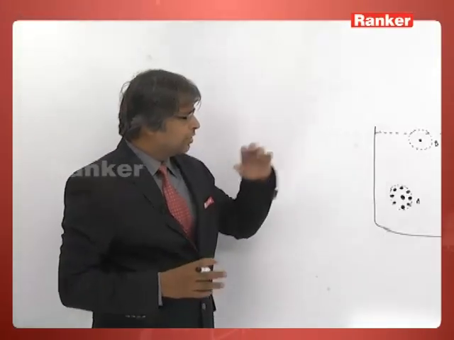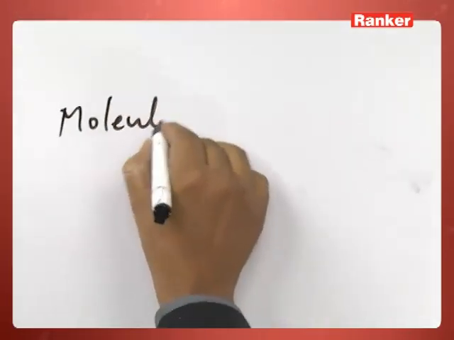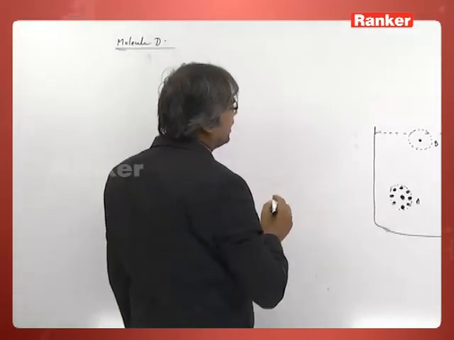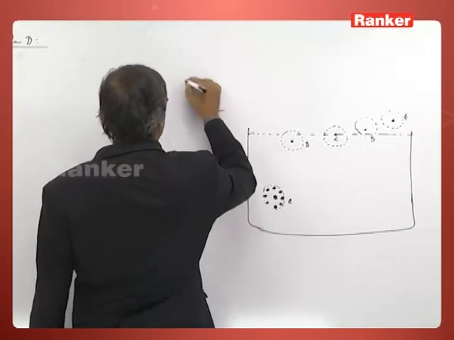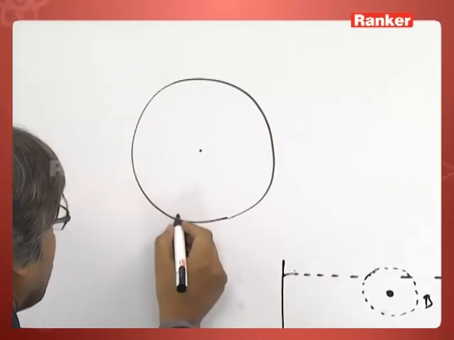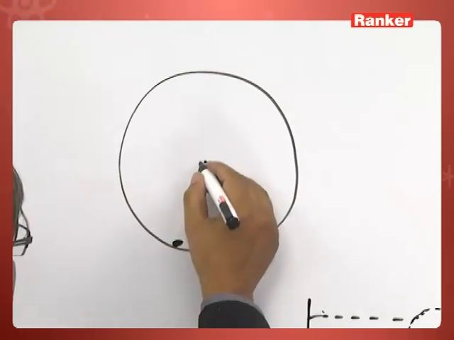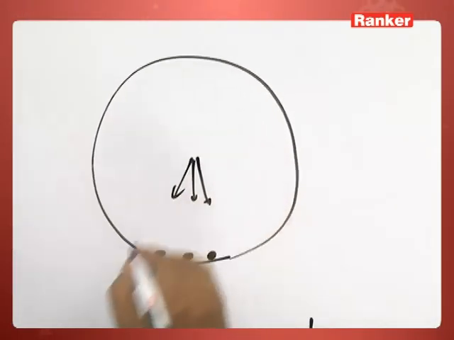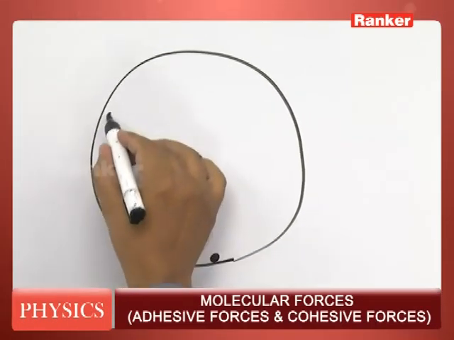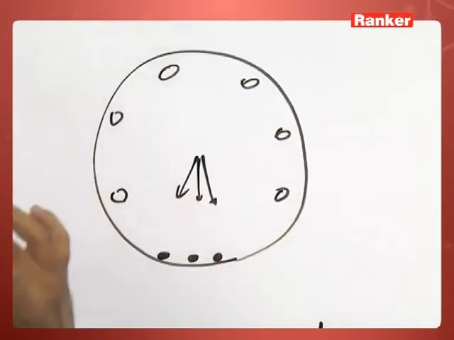Now, come to the molecule at D. You see the sphere of molecule D. Only a small portion is embedded inside the liquid, so only a small force, and the rest we have gas molecules, whether similar or dissimilar.